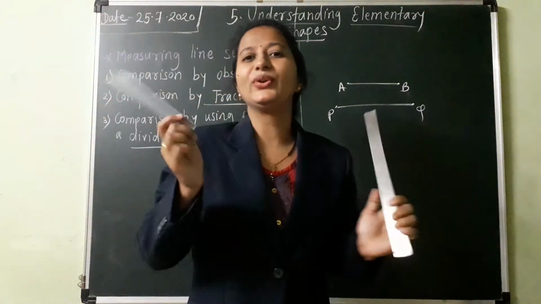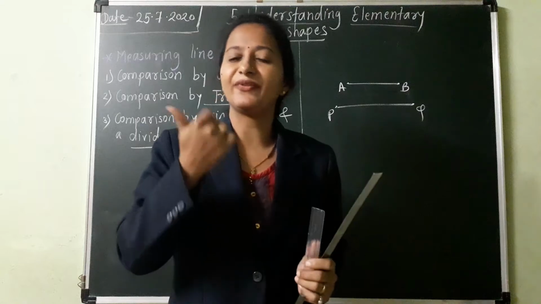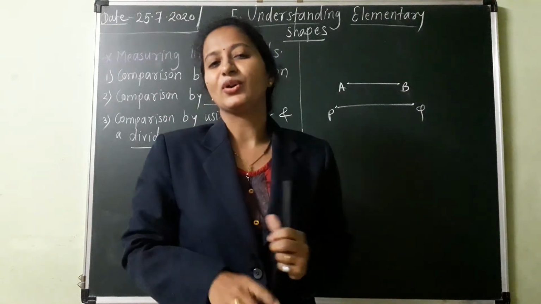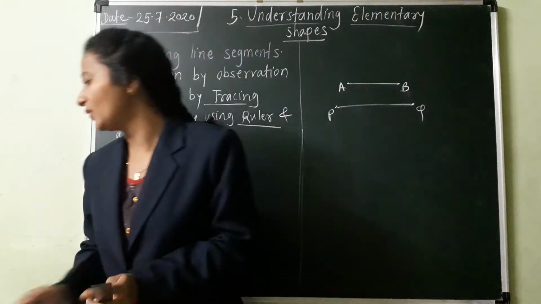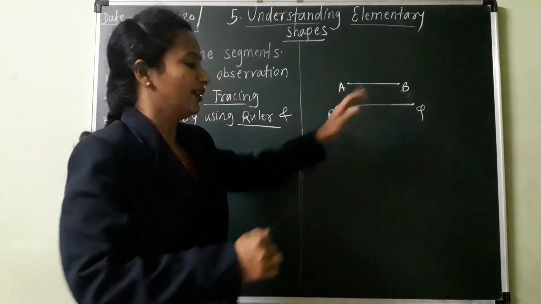This is the scale, or we can say ruler. In your instrument box there are different instruments like a protractor, a compass, or a divider. This is the ruler. Already you have knowledge of how to measure a line segment using a ruler. See what we are doing.